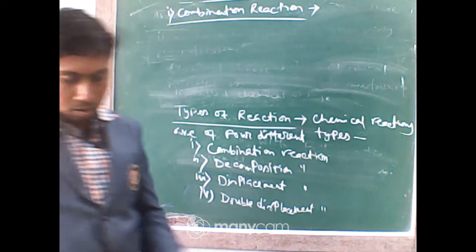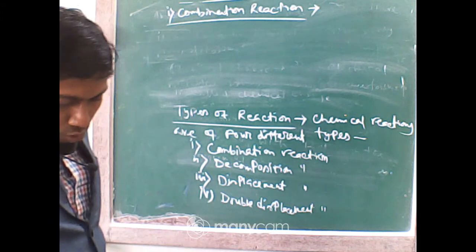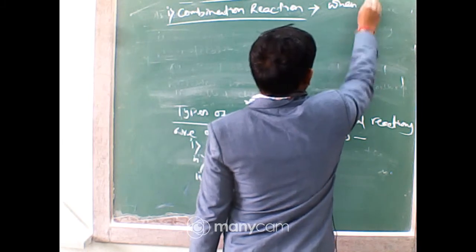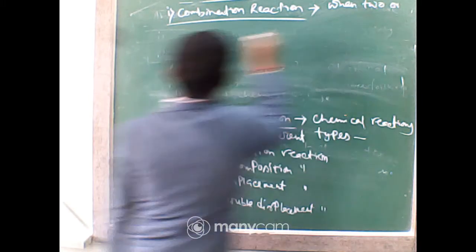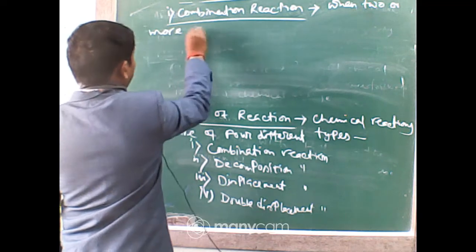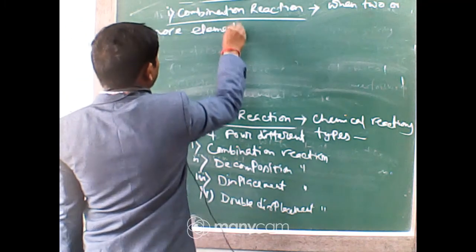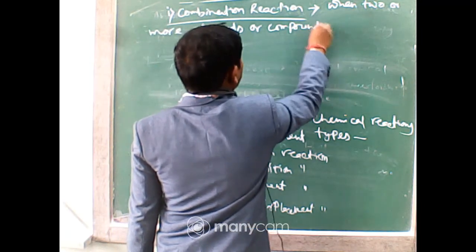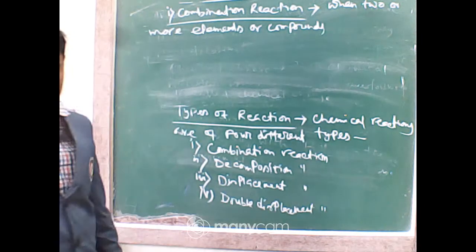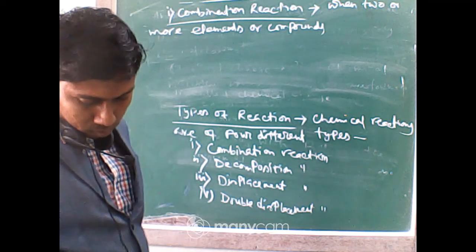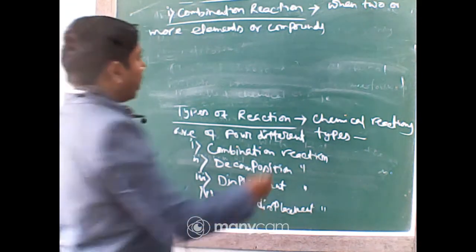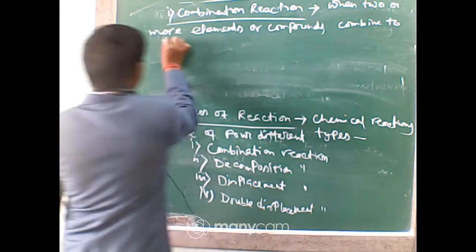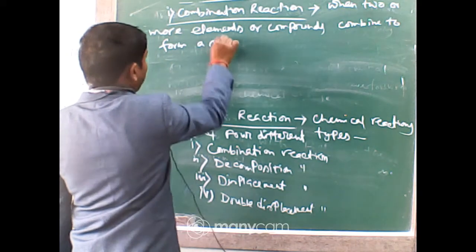The definition is that when 2 or more elements or compounds combine to form a single product.